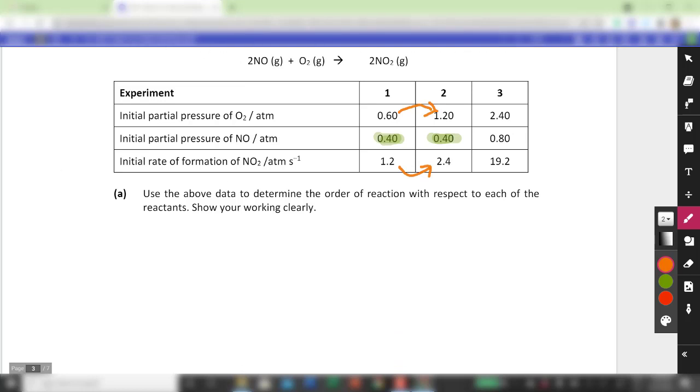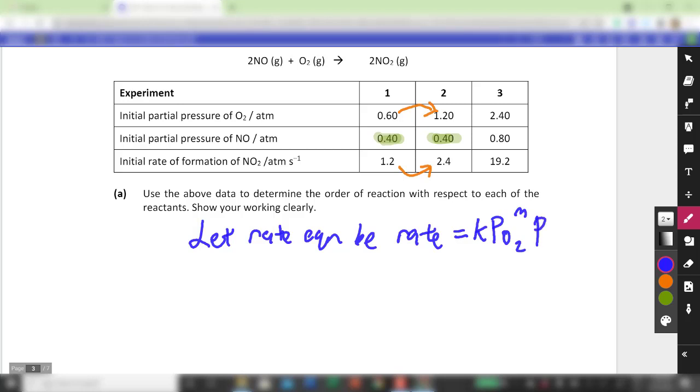But if you don't really like to do it by inspection because it involves writing quite a bit of stuff, you can always do it by the analytical method, otherwise known as the mathematical method. First we'll let the rate equation be rate equals k, partial pressure of O2 to the power m, partial pressure of NO to the power n.